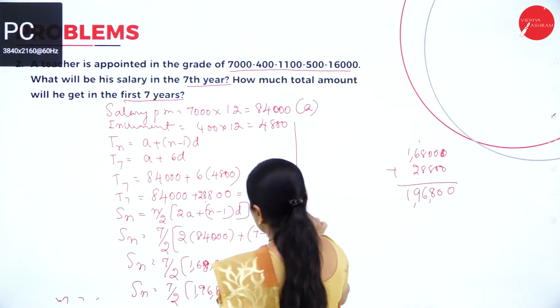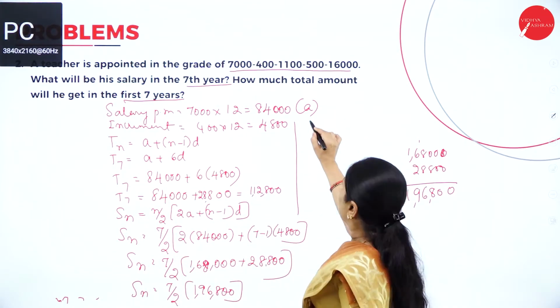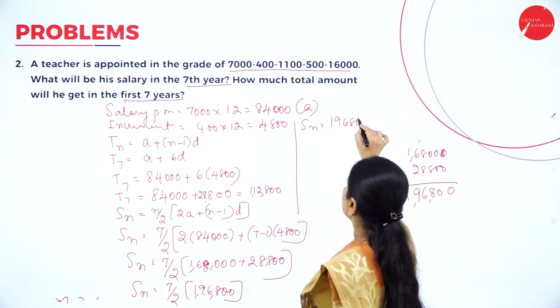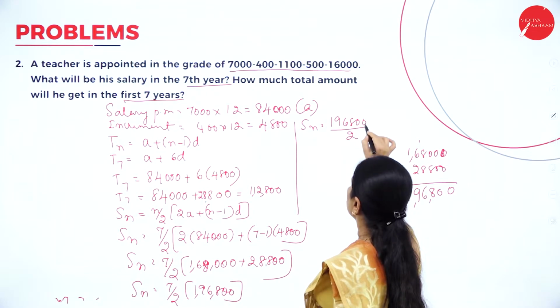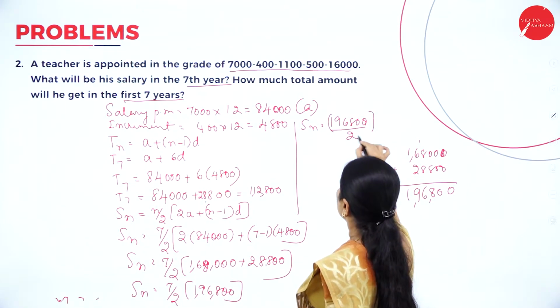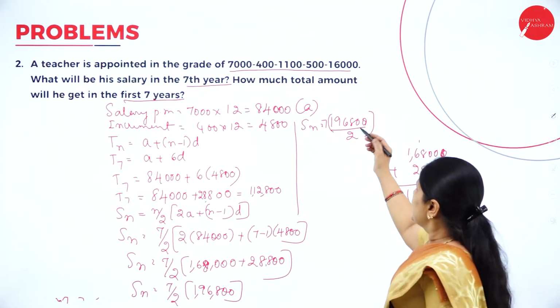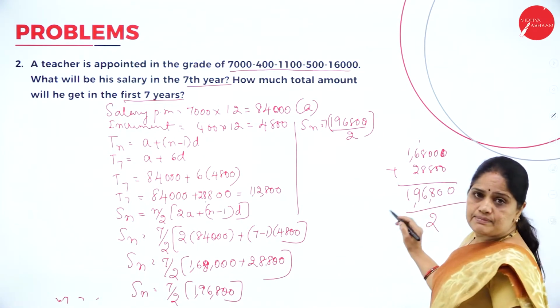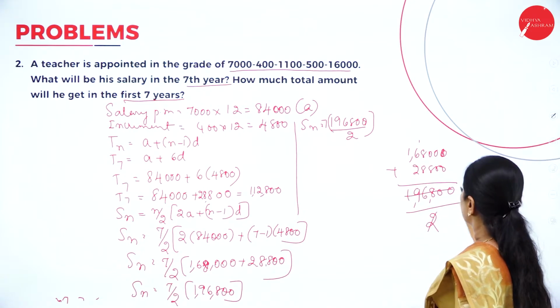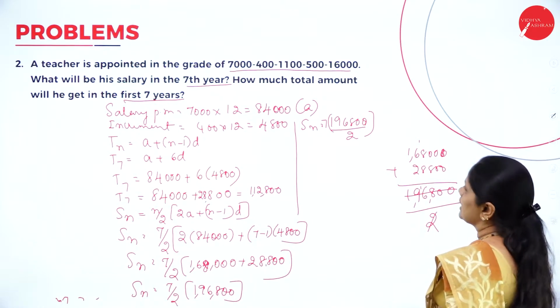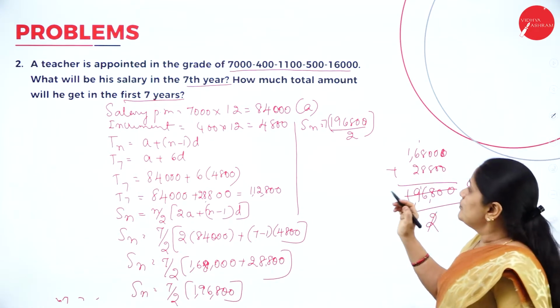So next step is Sn will be equal to 1,96,800 divided by 2 into 7. So we have to multiply this. First we will have to divide this by 2. So it comes up to 2 9s are 18, 2 8s are 16, 2 4s are 8, 2 zeros are 0. So 98,400.